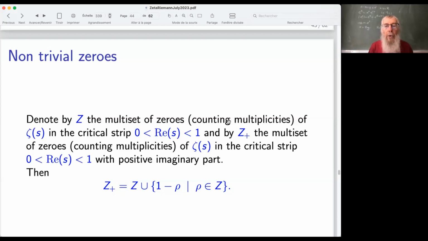And then we look at the zeros of zeta of s which have a positive imaginary part. And then if we know the ones with a positive imaginary part, then we know all the zeros because of this formula: Z is Z plus union 1 minus rho, where rho is in Z plus.